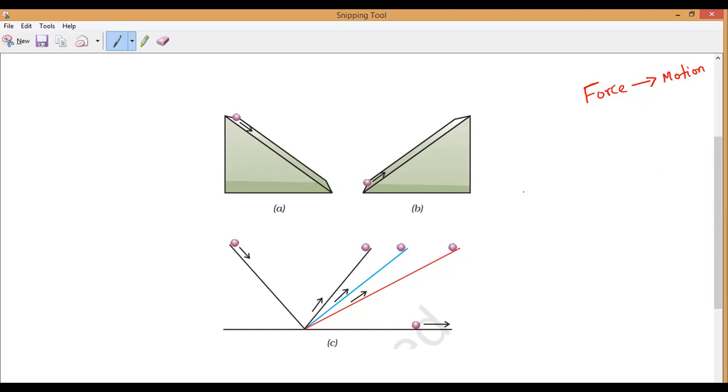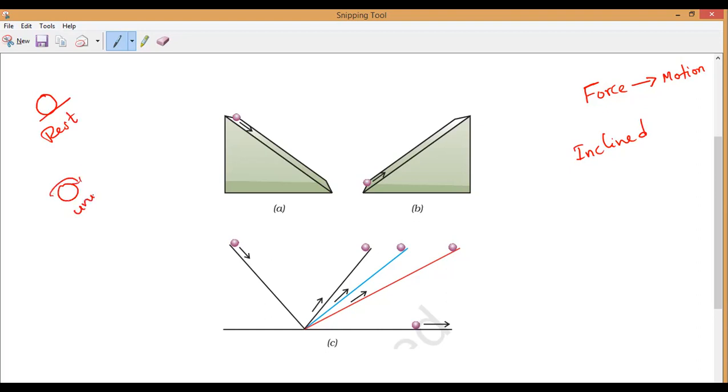Now, in today's class, we'll see Galileo's experiment on inclined planes. As we know, for example, one body is in a state of rest and another body is in uniform motion.